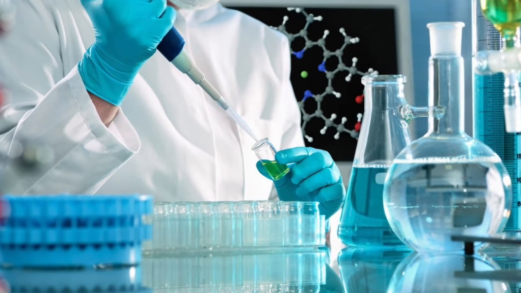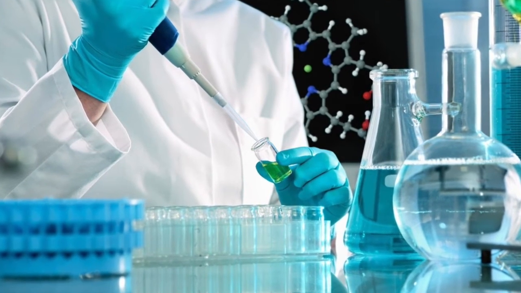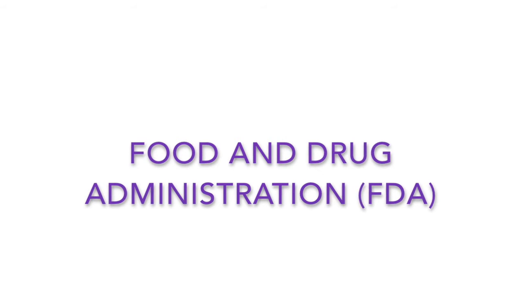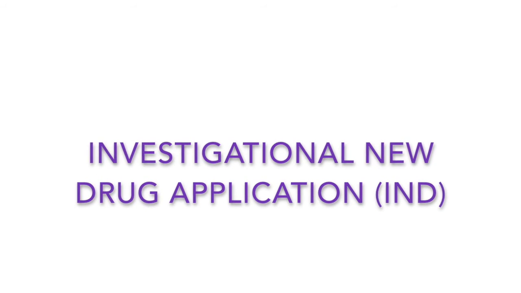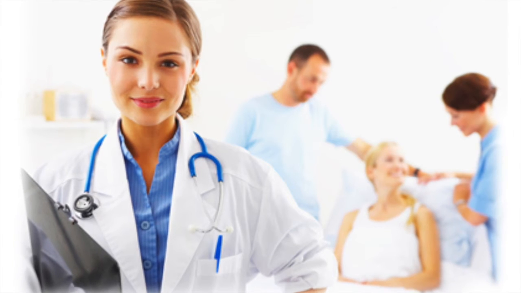If the drug candidate has positive effects, the company decides to continue with further development of the new drug. The information obtained during preclinical studies must be reported to the Food and Drug Administration, which we also call FDA, via investigational new drug applications, which is called IND. If INDs are approved, companies are allowed to begin clinical trials in humans.